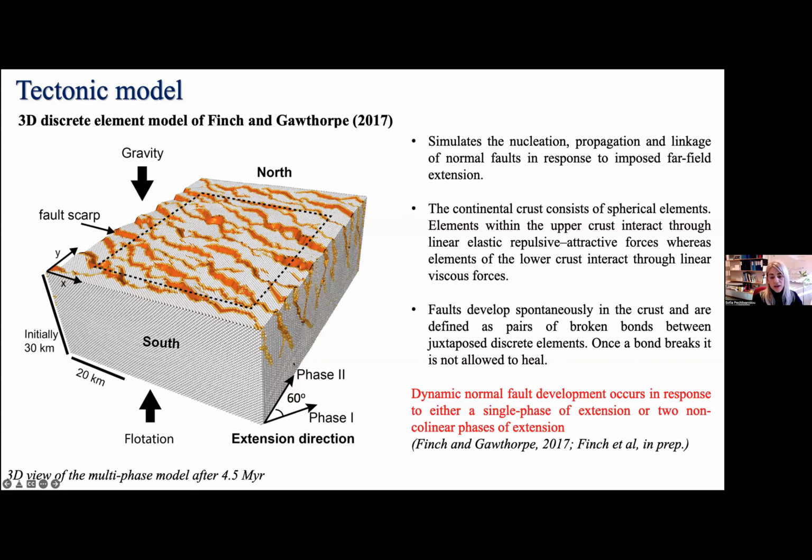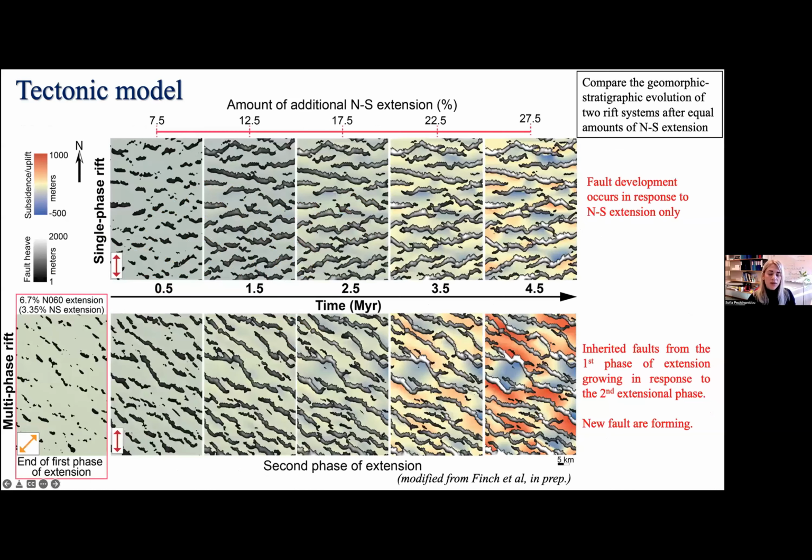With arrows here are the extensional phases that have a 60 degree angle between the extension directions. 30 by 20 kilometers are the dimensions of the model, and with orange here, you are looking at the fault scarps. Also in this slide, we can see how fault development occurs in this tectonic model, with black to gray areas as the fault heave, and the maps behind are subsidence-uplift maps.